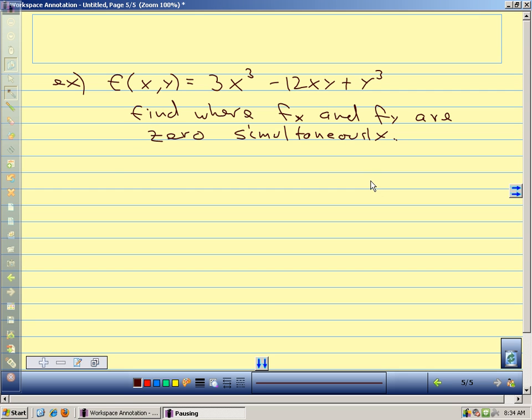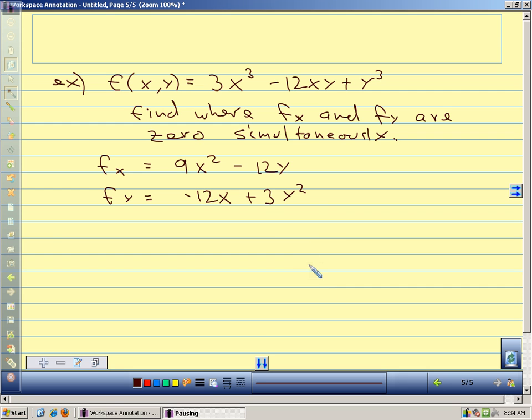All right, so let's calculate our partials. Our partial with respect to x is what? 9x squared minus 12y. And our partial with respect to y? Minus 12x plus 3y squared.